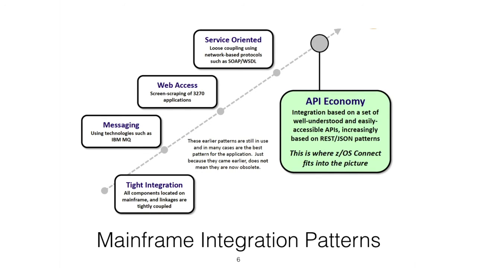So ESB-based integration with web services was a pattern. This is the most common pattern today for integrating z/OS workloads and distributed workloads, or where the two apps have to play together in a common context.